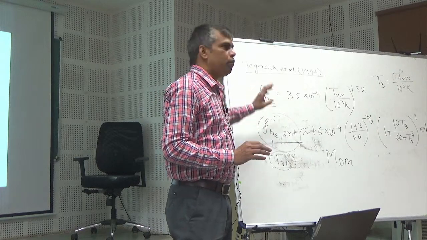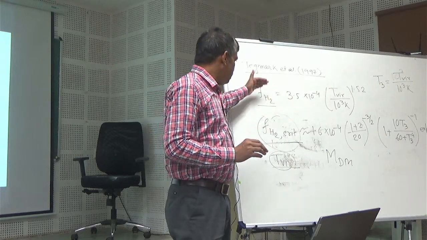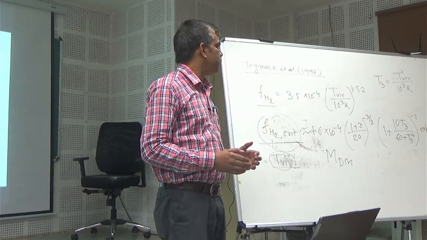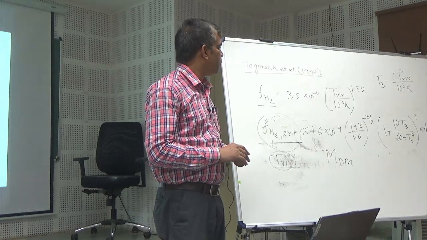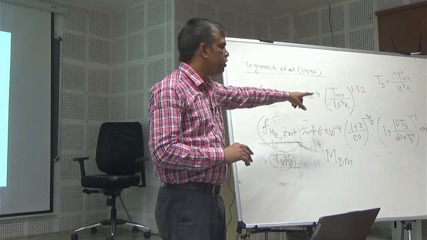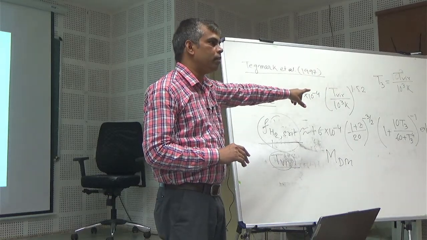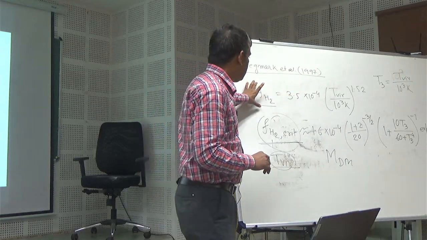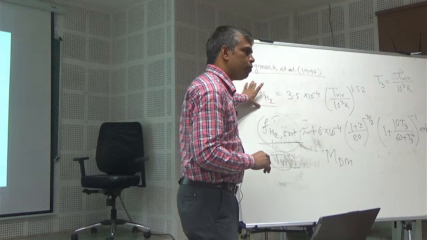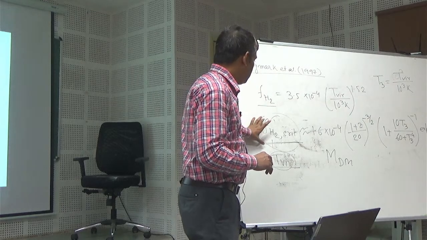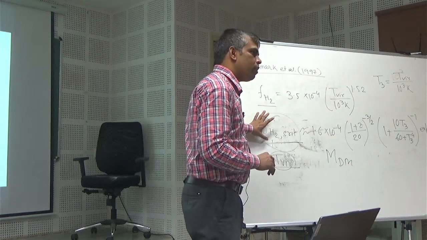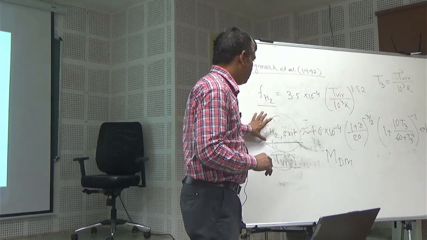Right. Now, if this fraction is going down, then all are T virial. See, this is the fraction of H2 molecule, and this is the lowest limit that can sustain star formation.